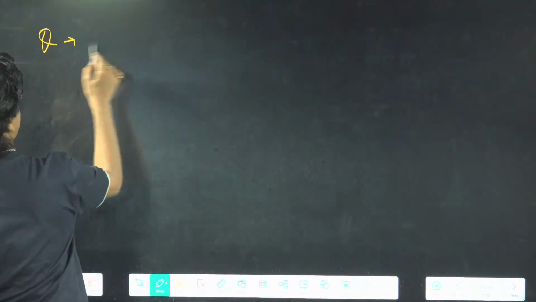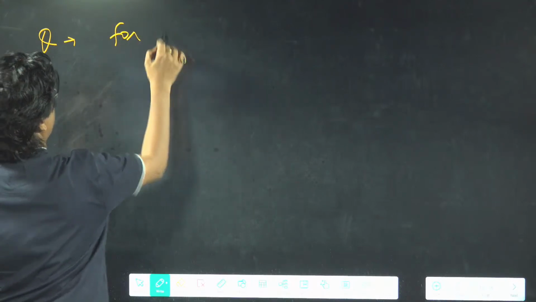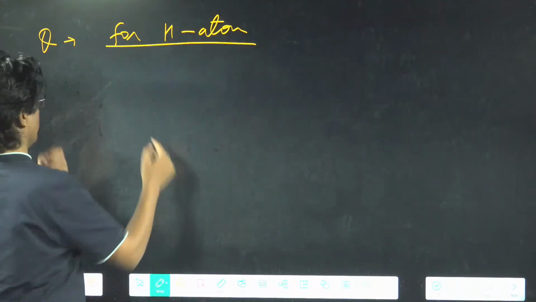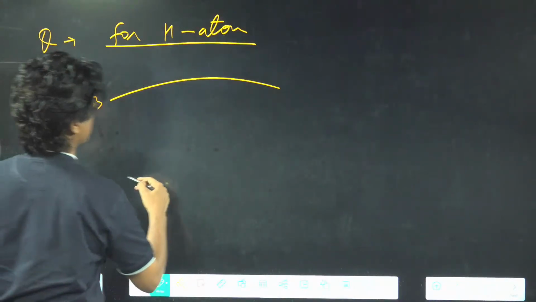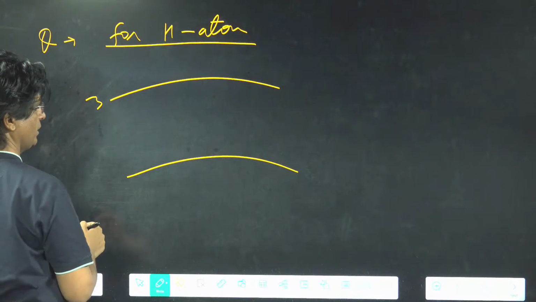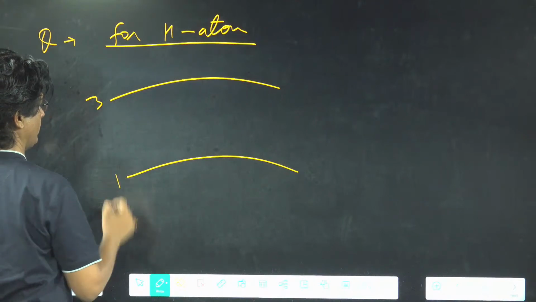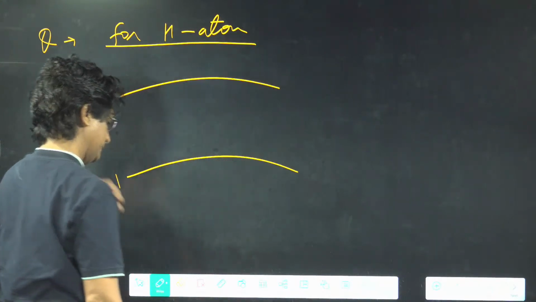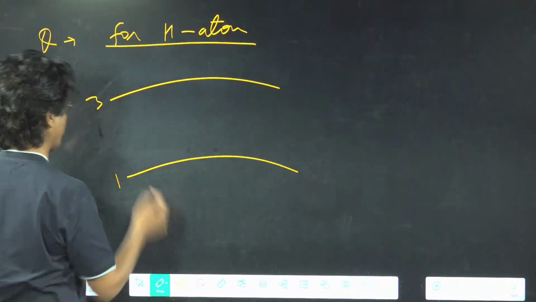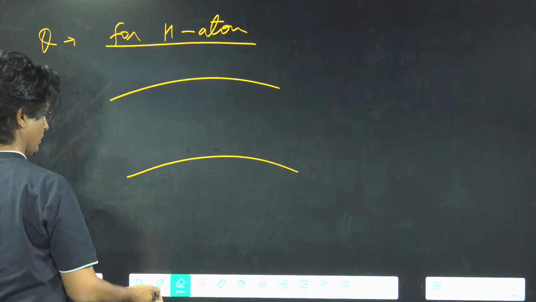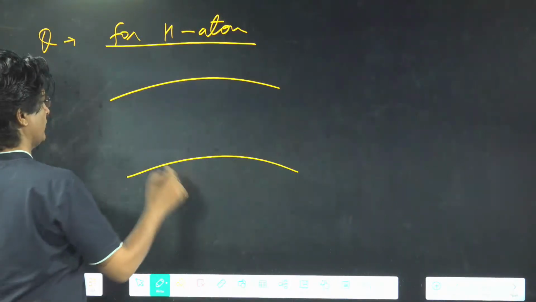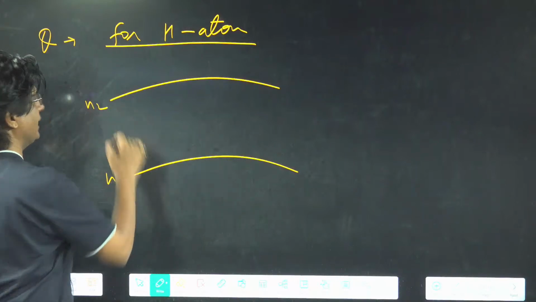So it's a question. It says for hydrogen atom, they have not given the orbit numbers, they have just given N1 and N2.